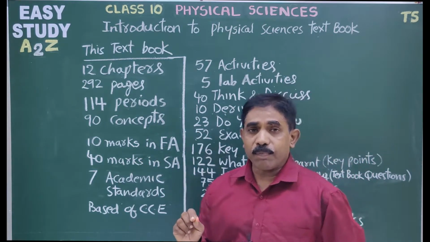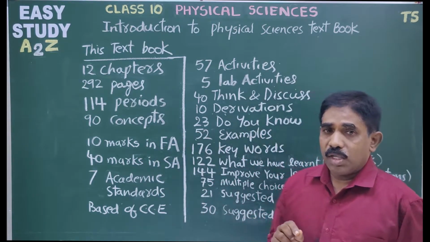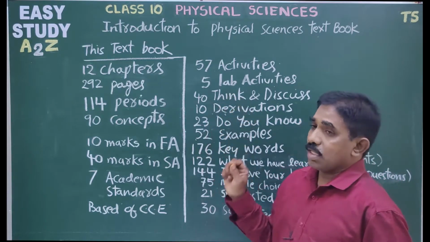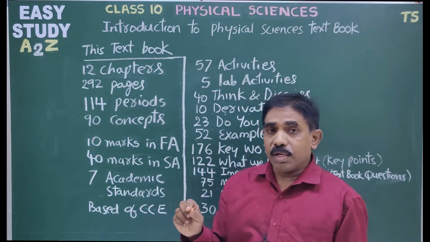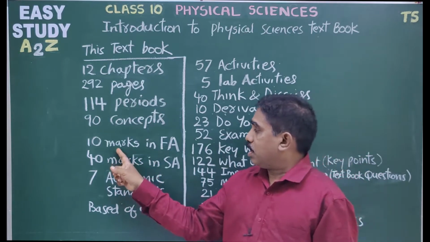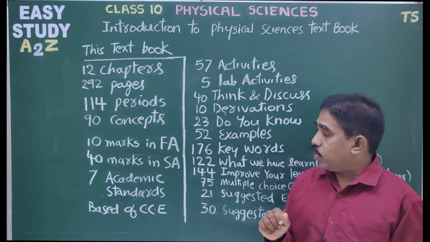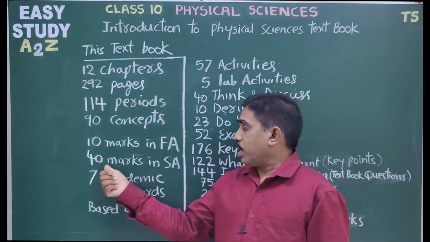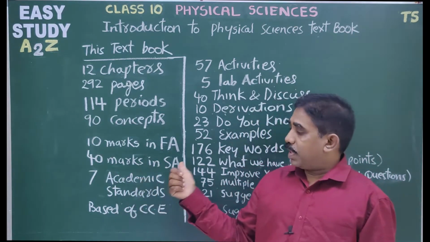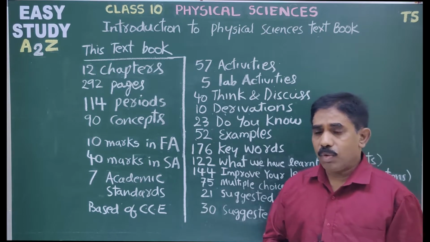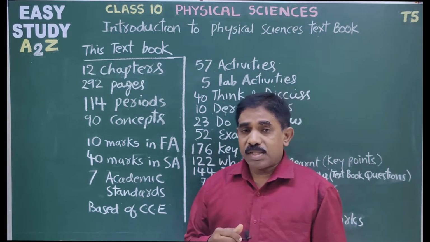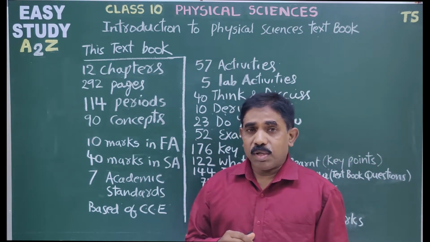Now, after gaining knowledge in the physical sciences subject, you will get a maximum of 10 marks in formative assessment. This knowledge is also useful to you to get a maximum of 40 marks in summative assessment. Now, how the subject matter is arranged in this textbook, I will explain.